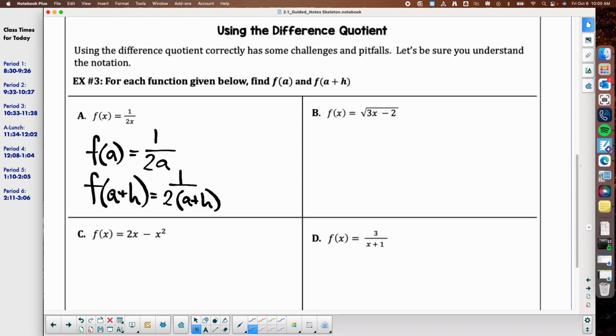Why don't you guys see if you can do C? That's probably the hardest one. Unless you want to do all three, then go ahead and do all three. But C would probably be the hardest one up here.